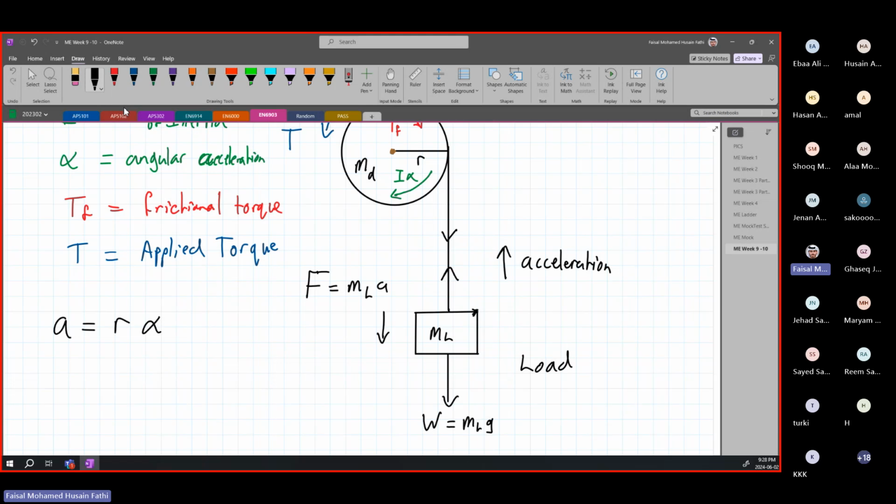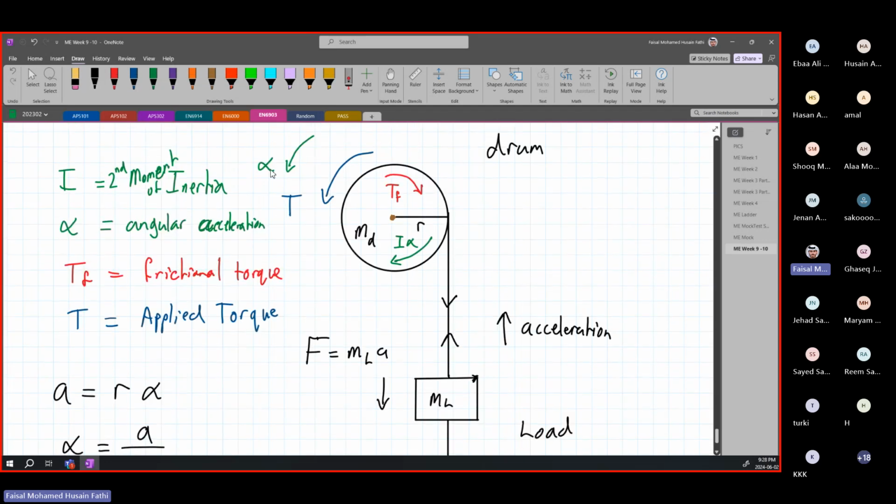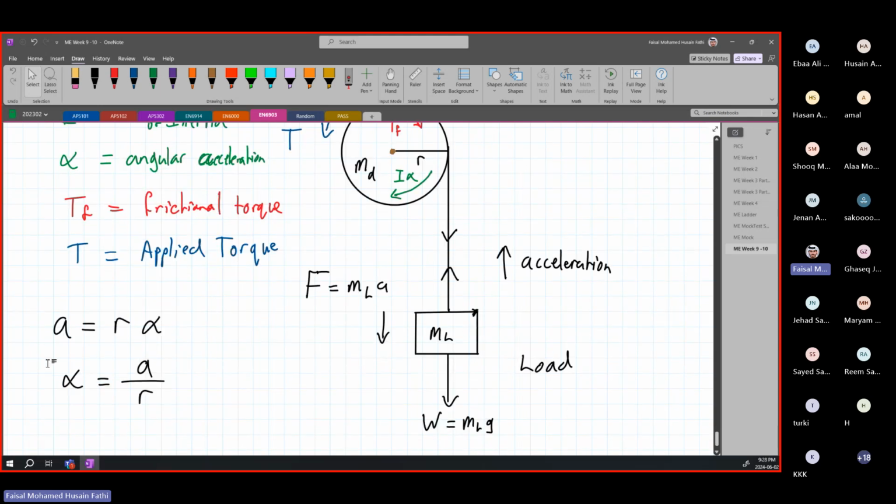So if we are given acceleration, we can find that alpha is simply equal to the acceleration over the radius. So we can find the value for alpha no matter what the case, as long as we have the radius, which is most of the time given, and the acceleration, which is most of the time either given or needs to be found. So this is a relation that you need to know.